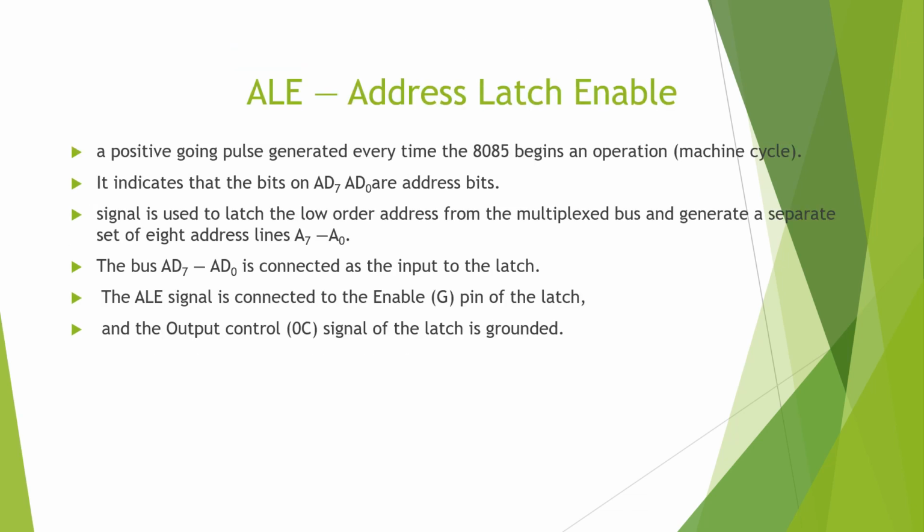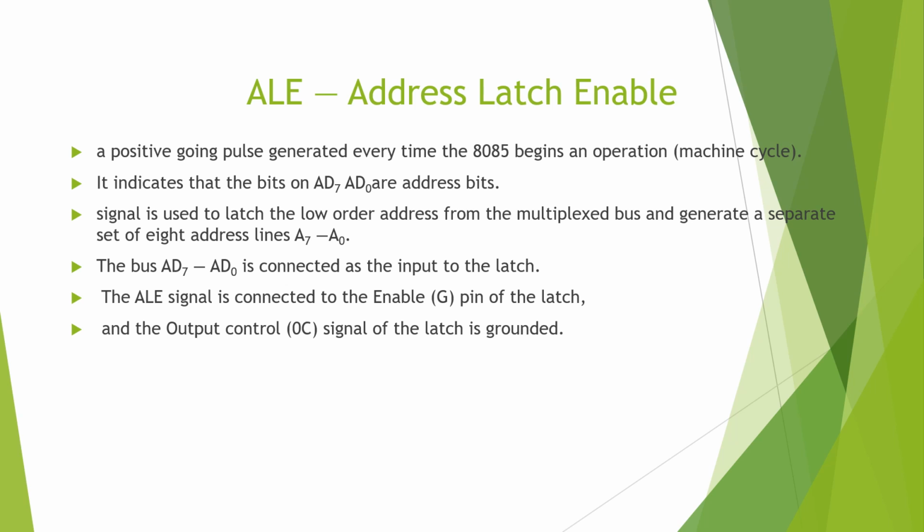A positive pulse, ALE, is generated when the 8085 begins an operation. This positive pulse indicates that the bits on AD7 to AD0 are the address bus. The signal is used to latch the low order address from the multiplexed bus and a separate set of 8 address lines A7 to A0 are generated.